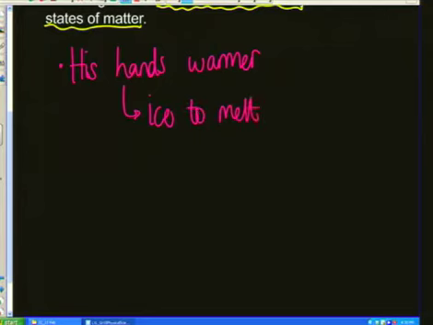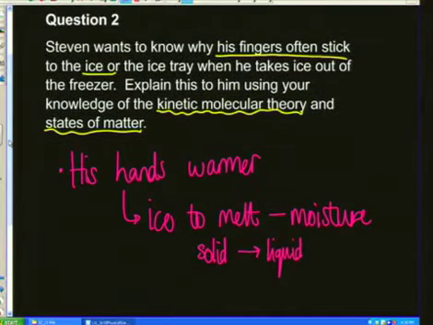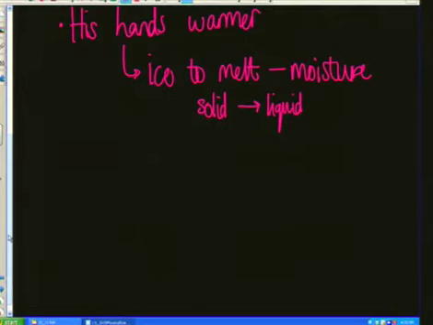Directly at that point where he's holding it, the ice will melt and will result in some moisture. Okay? When I say melt, it would go from a solid to a liquid. Remember, the question asked us to explain this in terms of the kinetic molecular theory and states of matter. So it's very helpful to make sure that you're linking in the states of matter.